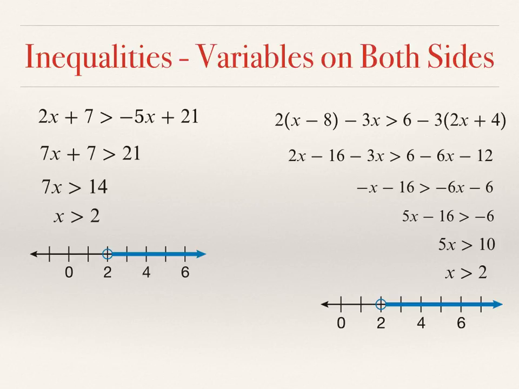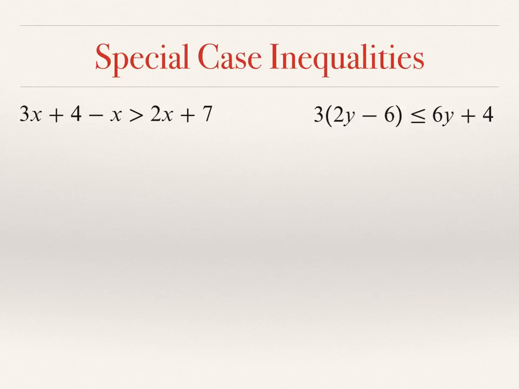All right, we're going to end by just briefly mentioning some special case inequalities that are likely to come up in your lessons or in some assessments. For the one on the left, when you go to solve this, you're going to probably combine like terms.